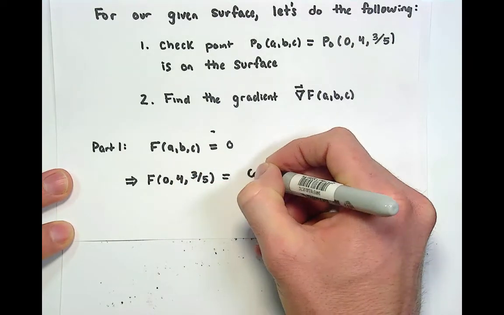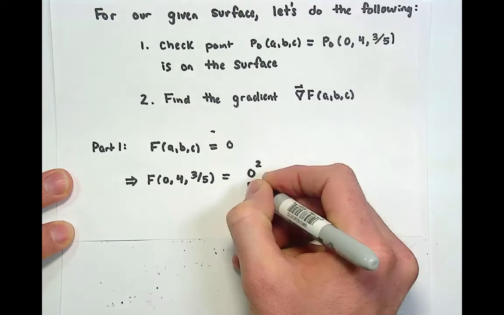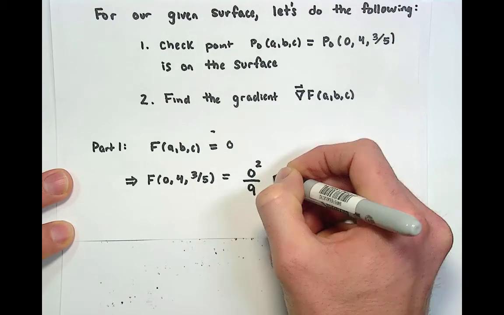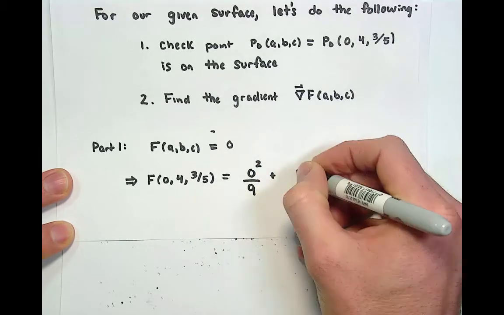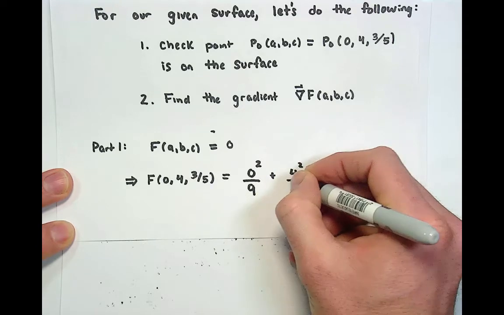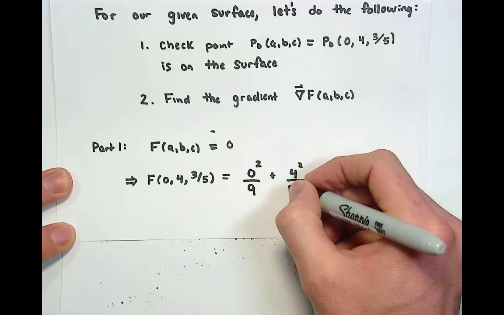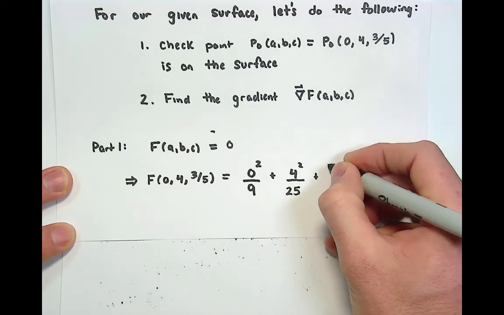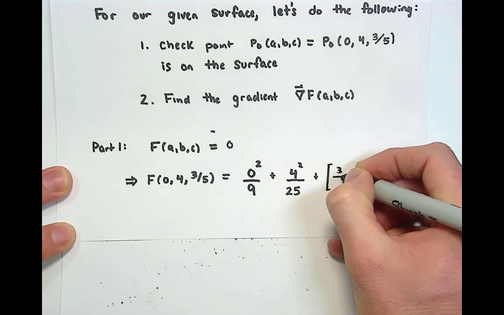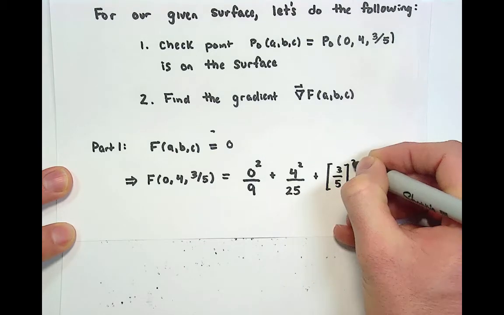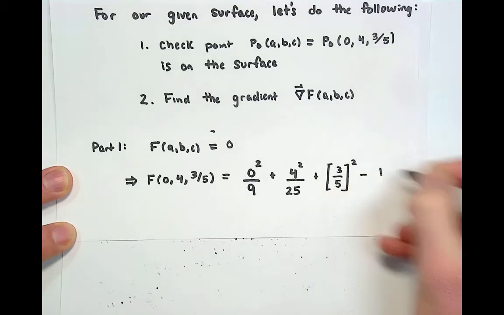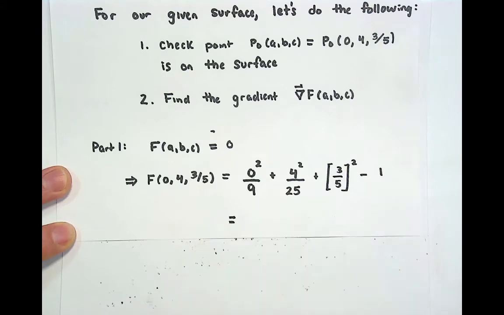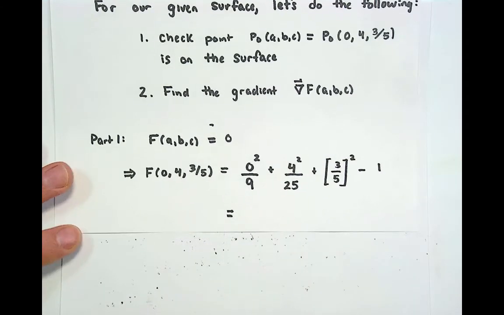Here the equation for the ellipsoid was x squared divided by 9 plus y squared divided by 25 plus z squared divided by 1. Well, in this case, z is 3 over 5, and then I'm going to square that, and then I subtract 1 from it, and we would want to know, well, what is that? And we'll see in a second.